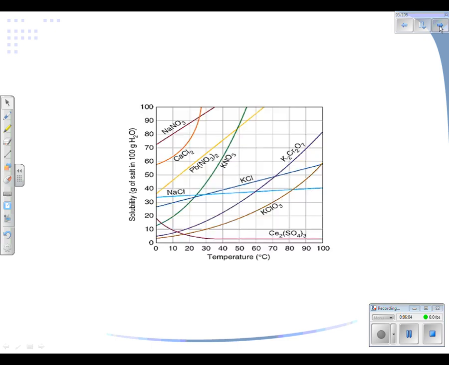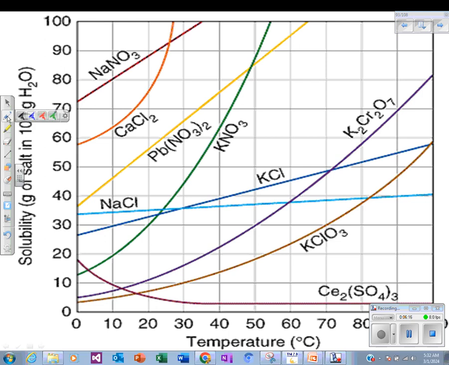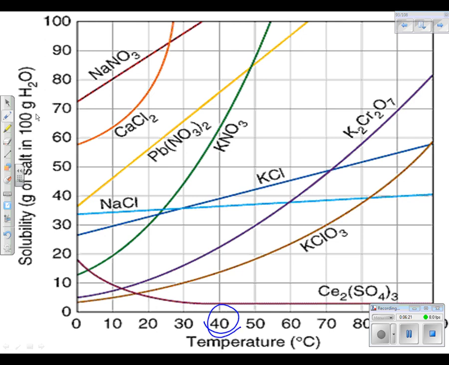Now, there's another way to see if something is saturated, unsaturated, or supersaturated. When you're using your solubility charts, for example, let's say I've got a temperature of 40, and I want to talk about KCl. And I go up and say that I've got 30 grams in it.